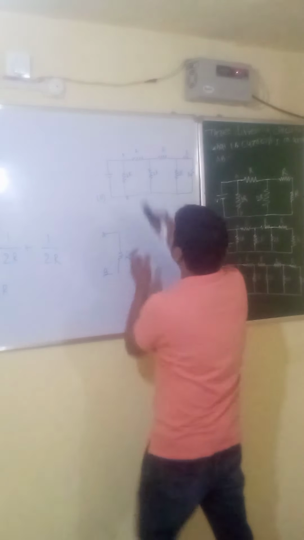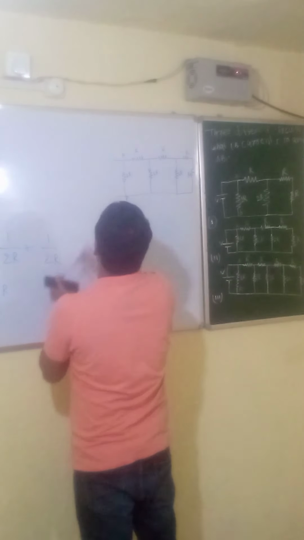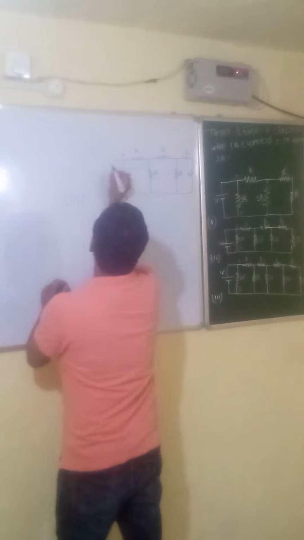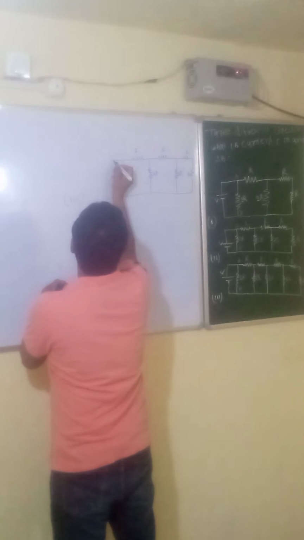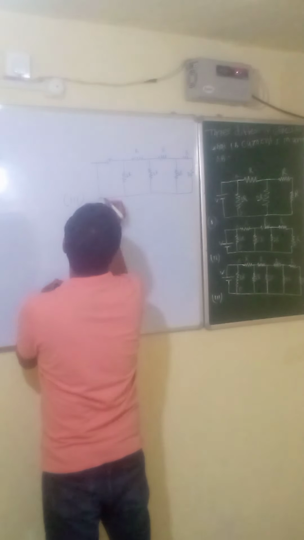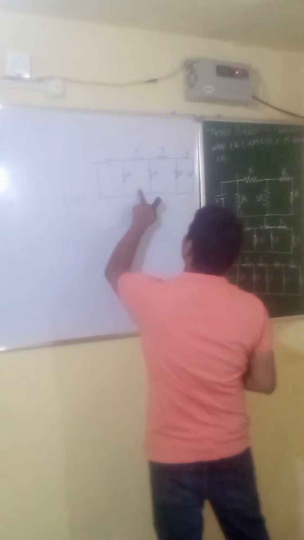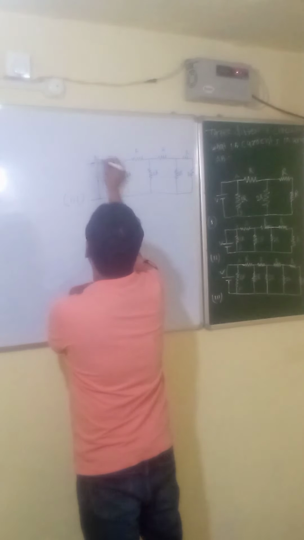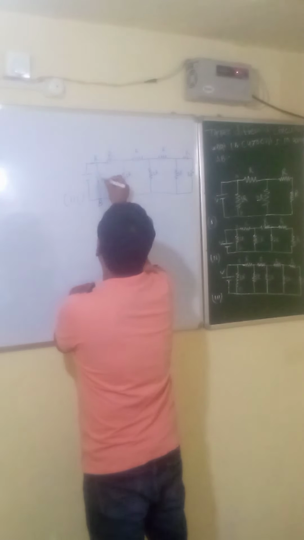Here we have to find the resistance between A and B. Here is the battery, this is the R, and this is the 2R.